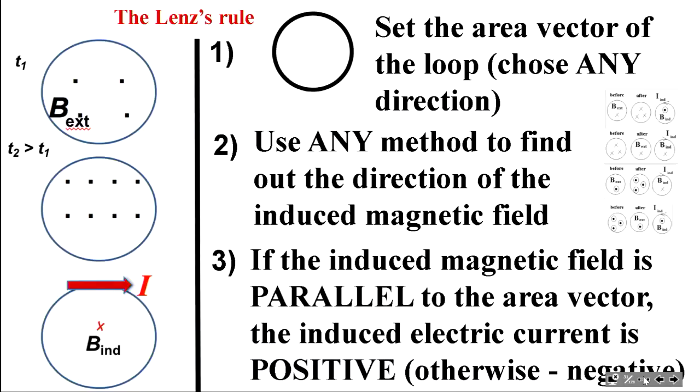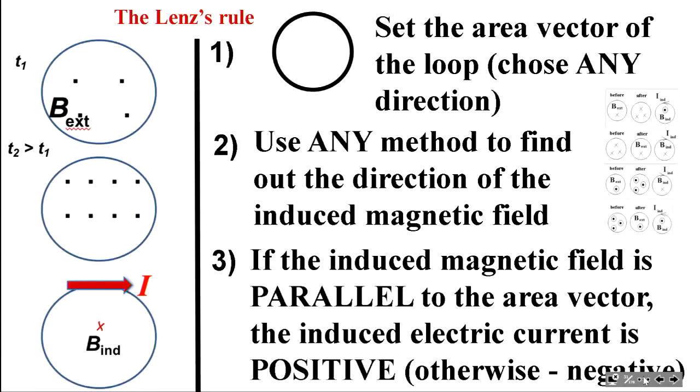And of course, because those are directions, we only have two options. They might be parallel to each other or opposite. And if they are parallel, in that case, we assign a positive value for electric current. And electric current is related to EMF by Ohm's law. Positive current means positive EMF.